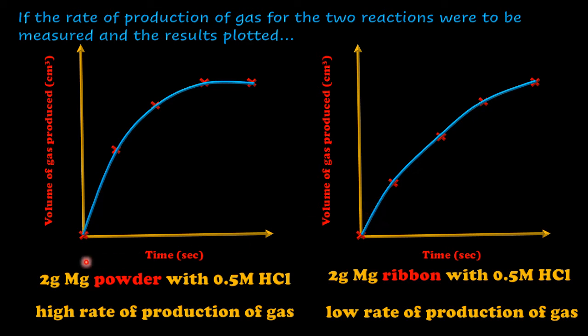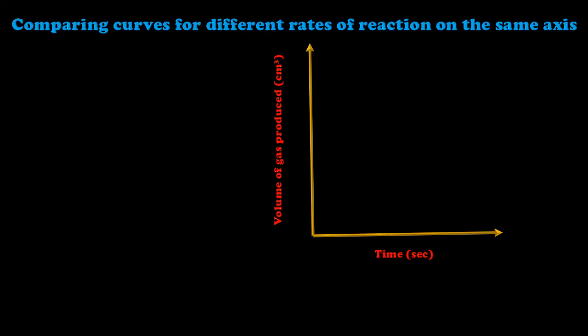In other words, the curve for magnesium powder would be very steep, while the curve for magnesium ribbon would be gentle. A steep curve, therefore, indicates a high rate of reaction, whereas a gentle curve would indicate a low rate of reaction.